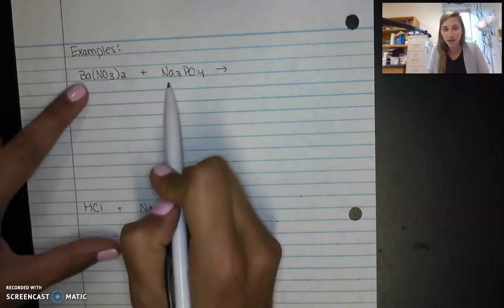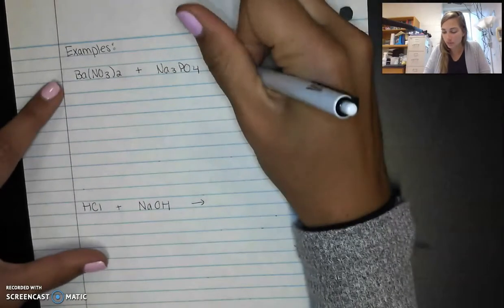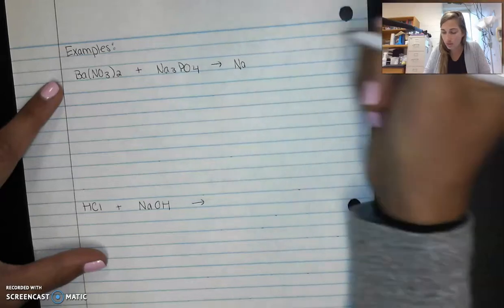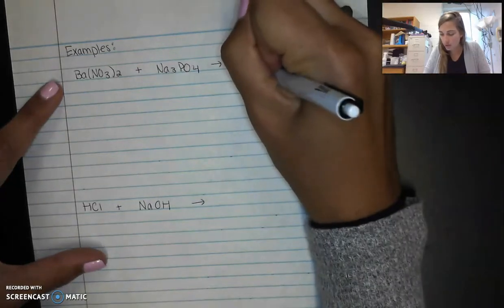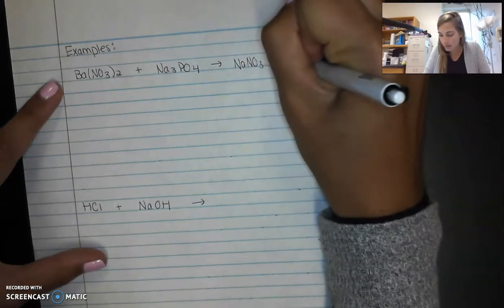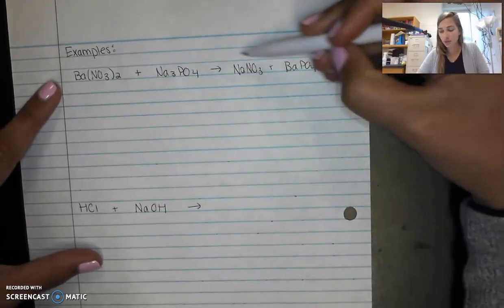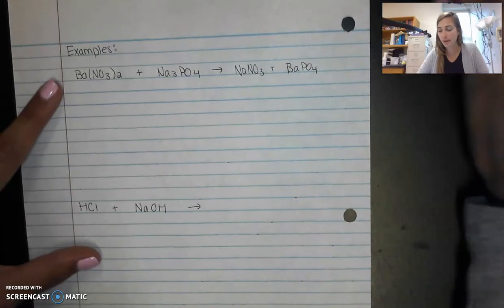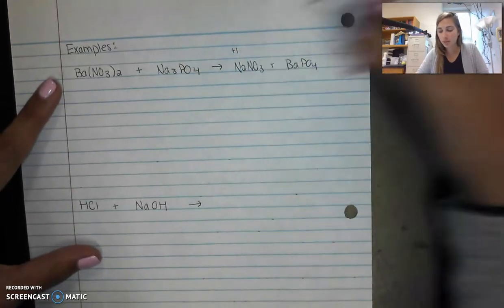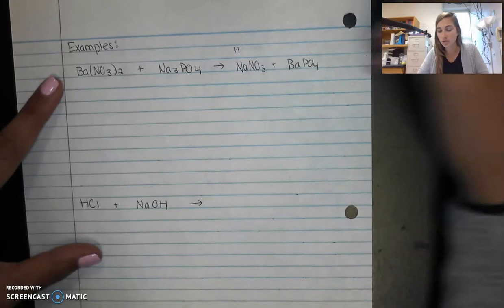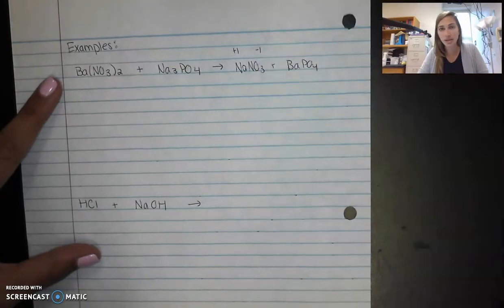My two cations are going to switch spots in a double replacement reaction. So sodium is now going to be paired up with nitrate, and barium is now going to be paired up with phosphate. Now I have to check my charges because I formed two new compounds. Using my periodic table, I can figure out that sodium has a +1 charge and nitrate has a -1 charge.